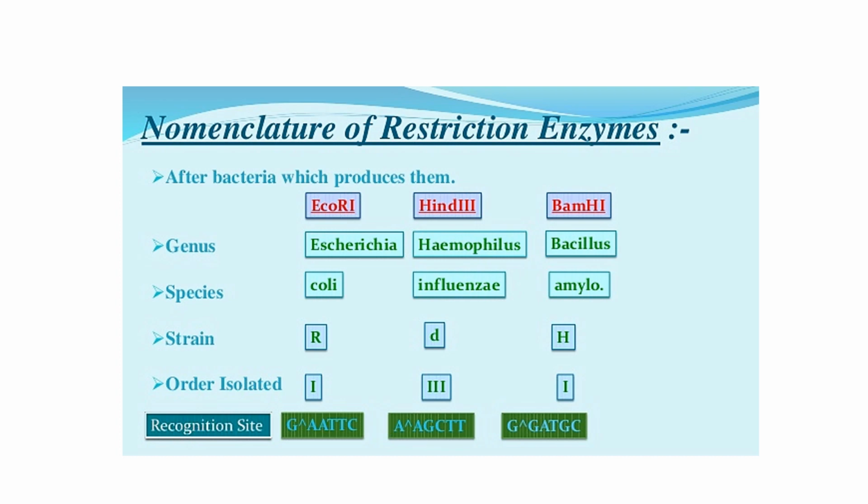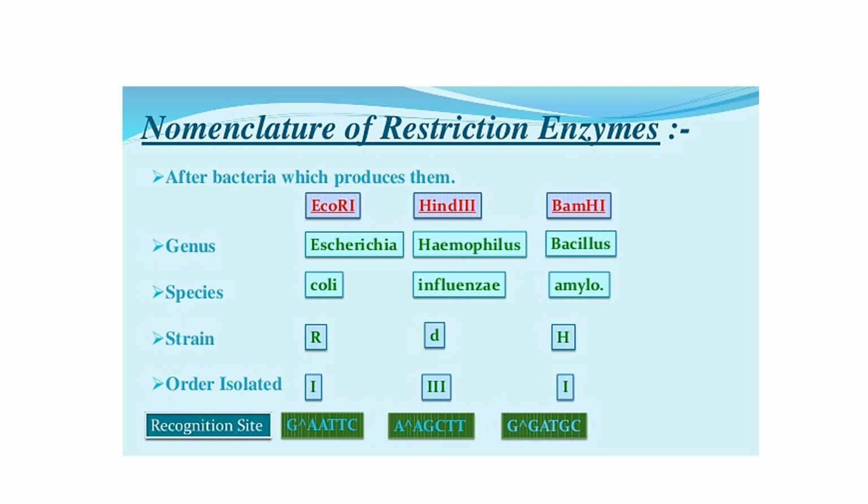The recognition site for EcoR1 is GAATTC, and it will cut after G. Similarly in Hind 3, H from Haemophilus, in from influenzae, D for the strain, 3 for the order of isolation, and the recognition site is AAGCTT, and Hind 3 cuts after A. This is from 5' to 3' orientation.